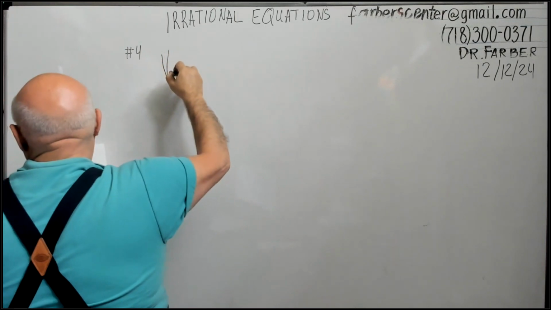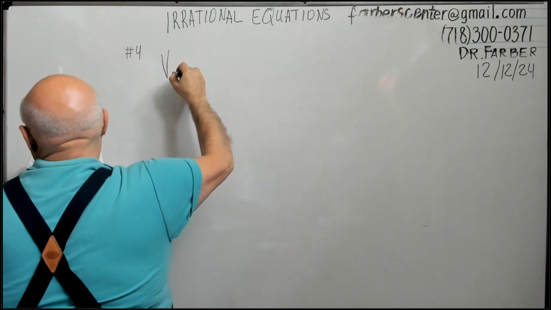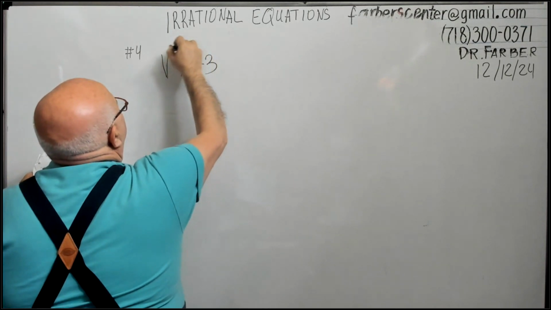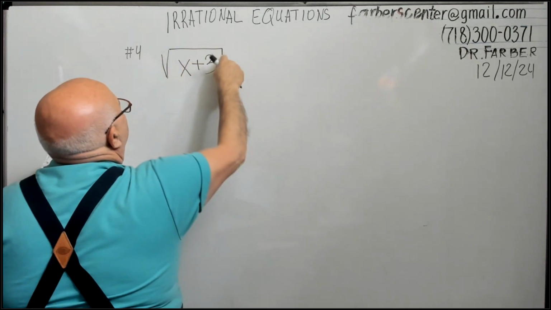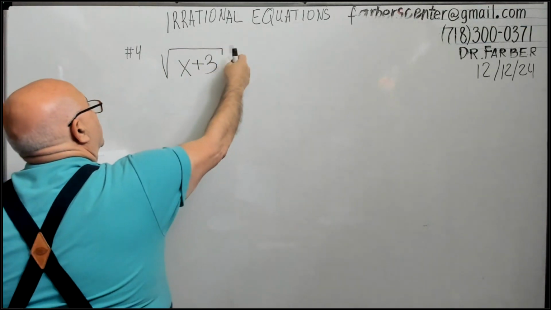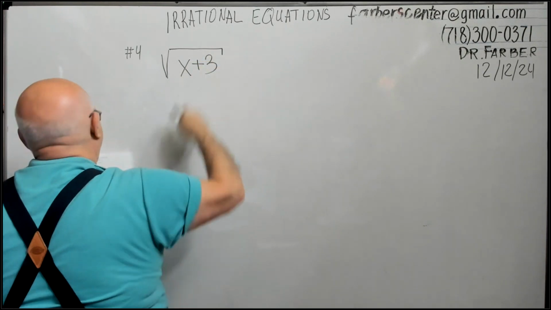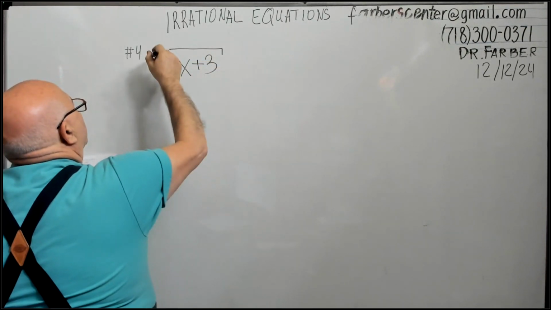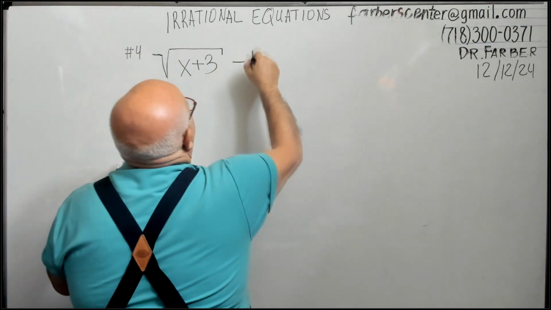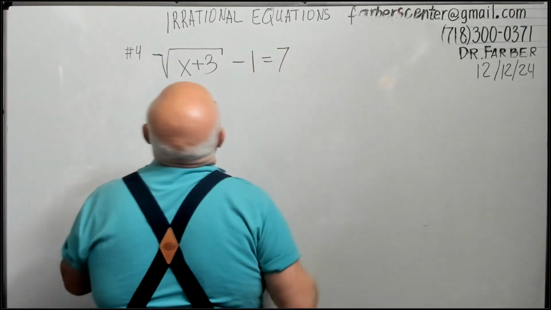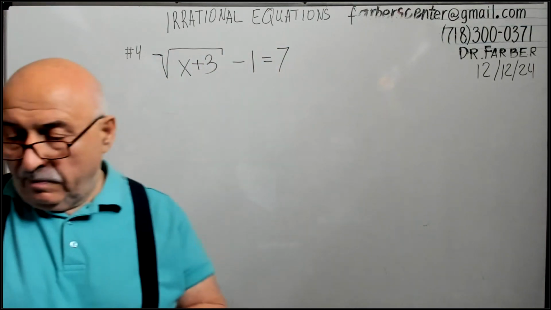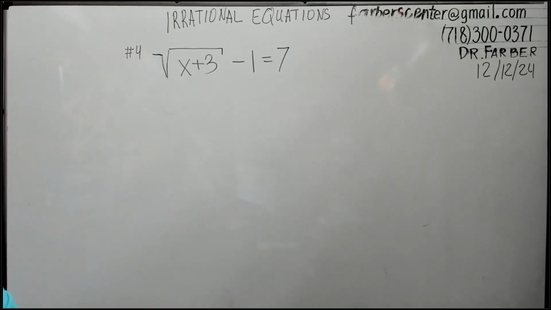Square root of x plus 3, close it. Sometimes there is ambiguity, you don't know if the next number belongs to this radical or not, so you can write it like this. And minus 1 equals 7. Good luck, find x. I give you the easiest possible. Only steps must.